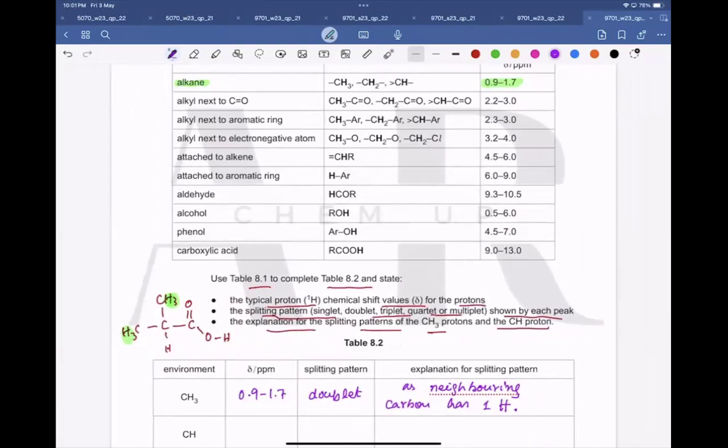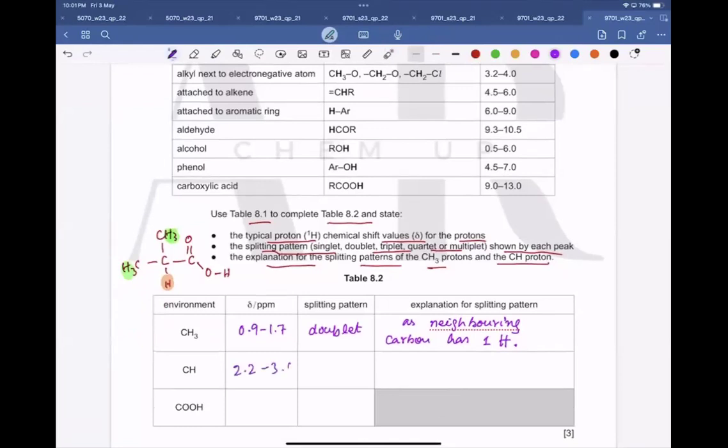Now, if you look at this hydrogen, its chemical shift value would be 2.2 to 3.0, because this CH group has a C double bond O next to it.